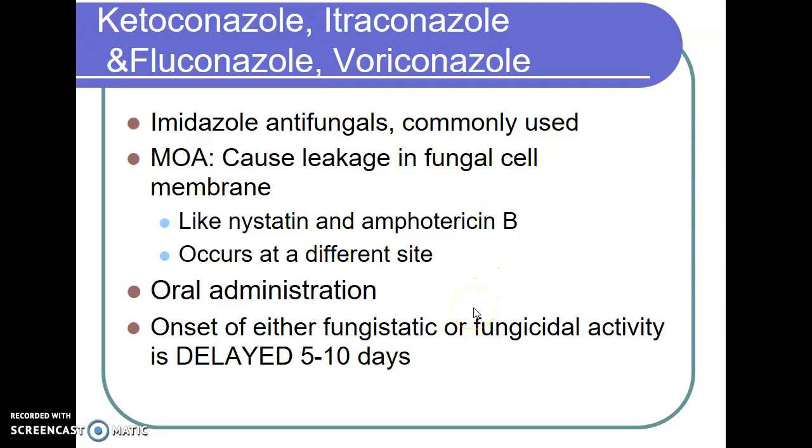We can give these orally, but the big difference between them is that there's going to be a delayed action. It can take 5 to 10 days for these to take effect. So sometimes animals get started on amphotericin B, and we put them on these as well to get the whole treatment started, and then we can transition them off of the amphotericin B. We don't need to take them off slowly.